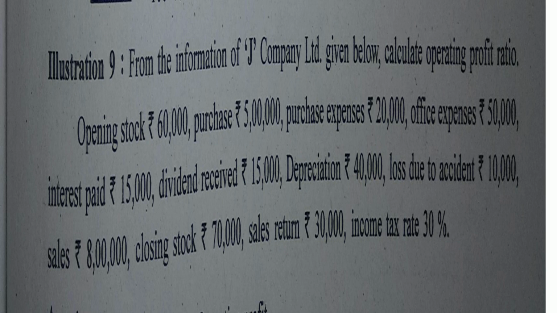Firstly, before you solve any kind of sum, you need to be clear with all of its formulas. Let us revise the formula for operating profit ratio. It is operating profit upon sales into 100. What is the formula for operating profit? Sales minus operating cost.